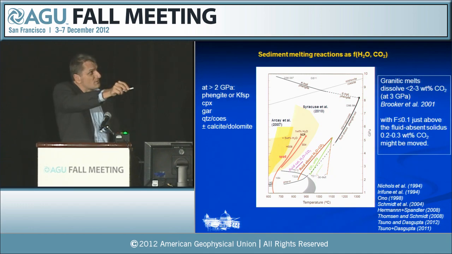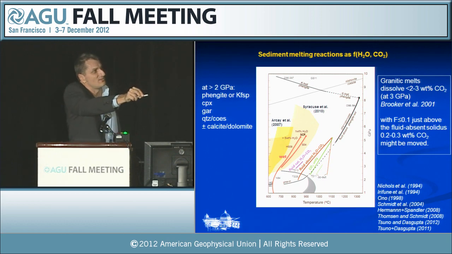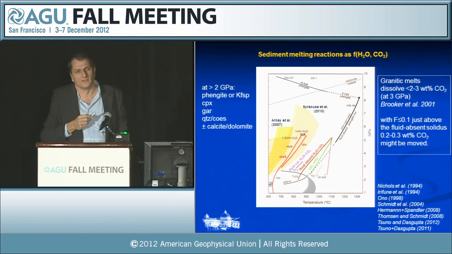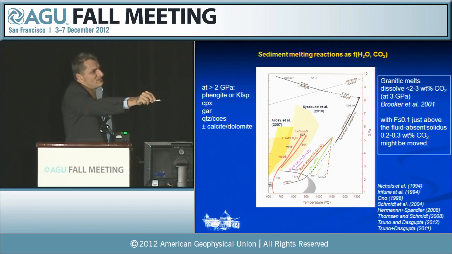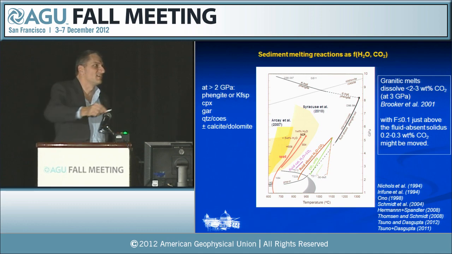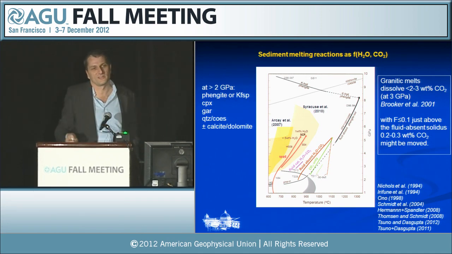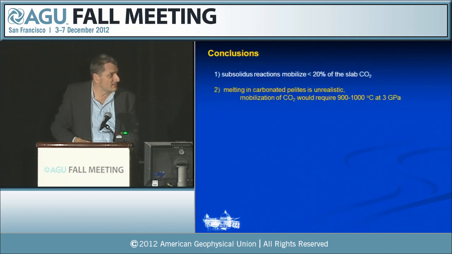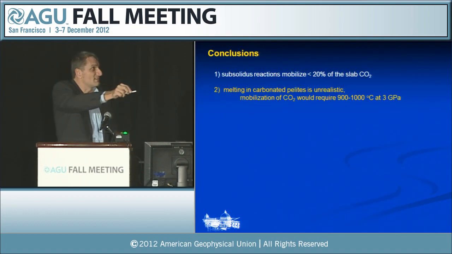So if you produce some granites, which is highly unlikely, the granites only dissolve 2 to 3 weight% of CO2. And even if you have 10 or 20% of melt and the calcite stable, you're not going to mobilize more than half a weight% of CO2. So the CO2 stays in the crust. Melting in carbonated pelites is unrealistic.